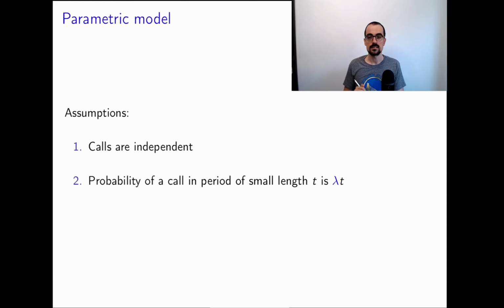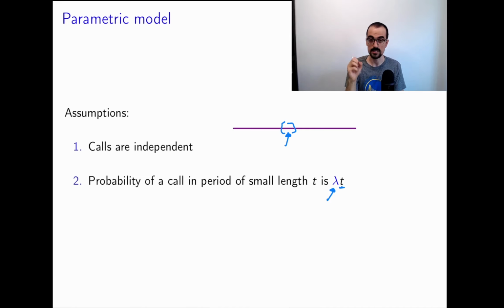Then we're going to assume that if we think of this hour, where we're modeling the number of calls, if we look at a small interval within that hour, the probability of getting a call in that small interval is proportional to the length of the interval and to a fixed parameter lambda, which is the parameter that we're going to estimate in our model. And that parameter is going to capture the rate of calls at that time of the day. Okay?